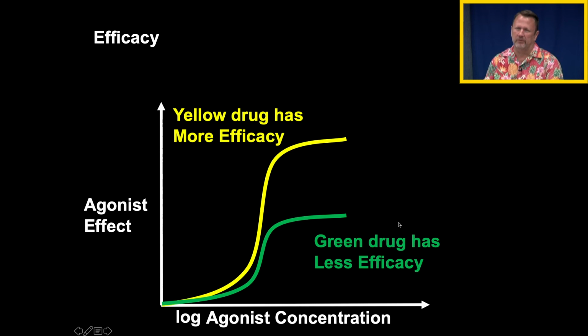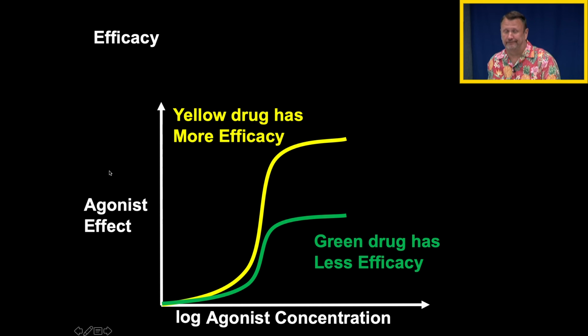So despite what the manufacturers of Tylenol will tell you, morphine is much more effective at controlling pain than Tylenol. If the agonist effect is pain control, then morphine has much more effect than Tylenol. So here the yellow drug has more efficacy because the yellow drug has more maximal effect than the green drug.